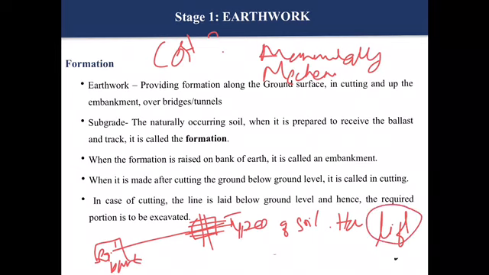And the lift is nothing but the quantity of soil that needs to be transported. Higher the hauling distance, higher will be the cost of earthwork. Similarly, if the lift is more, the quantity of material to be borrowed is more, that also leads to a higher cost of earthwork.